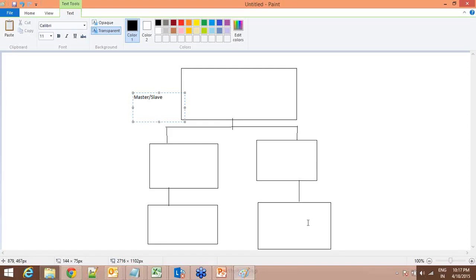We have different architectures again, like the multi-master architecture, which we are going to discuss later in the Hadoop course. So assume this is a master system and these are all the slaves. This is slave 1, this is slave 2, this is slave 3, this is slave 4.